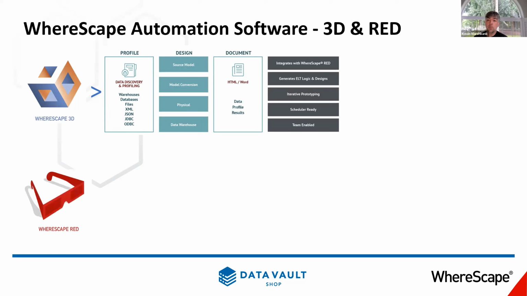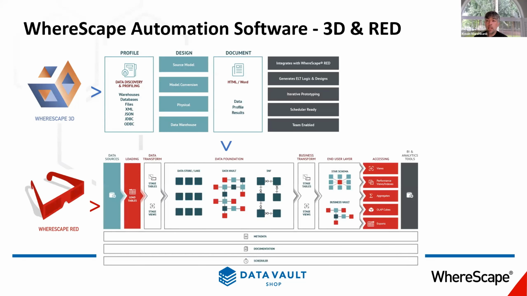And then WhereScape Red, that is the builder tool, and that really gets fed from 3D. Now you can use WhereScape Red and build those pipelines individually, but really we want to talk about doing that at a much higher automation level by doing it as an entire model and pushing those models into WhereScape Red.